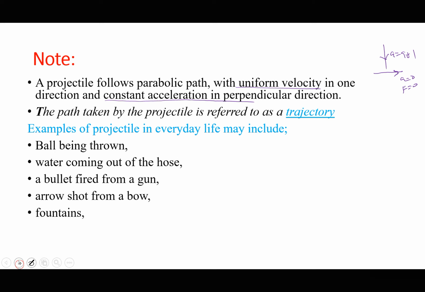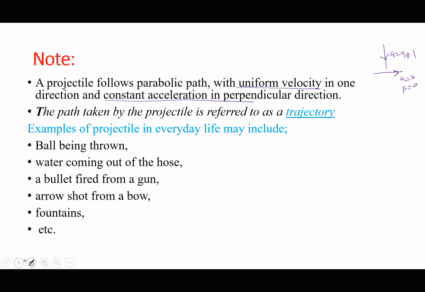Fountains, you might have seen all these in our everyday life. They are actually projectiles. The path followed is parabolic with uniform velocity in one direction and constant acceleration in a perpendicular direction. That is what we call a projectile.